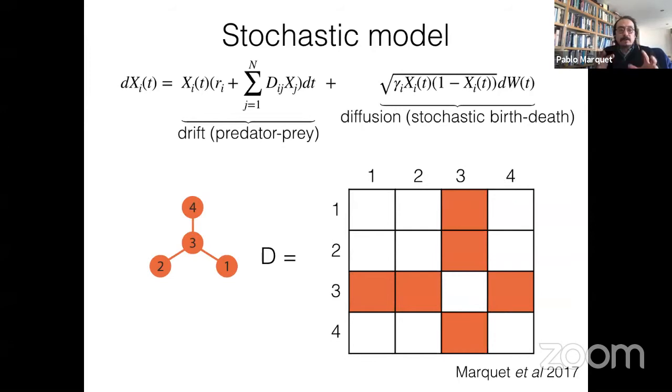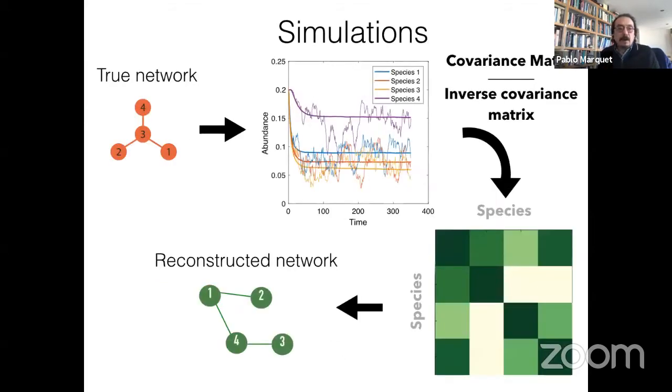We put in noise and we generate time series, and we generate species by species interaction statistics, and we can infer. We use covariance, inverse covariance, and another method which is called LIMITS, and we can reconstruct a network. So the idea is that if the method is good, it will output the same network that we were simulating.